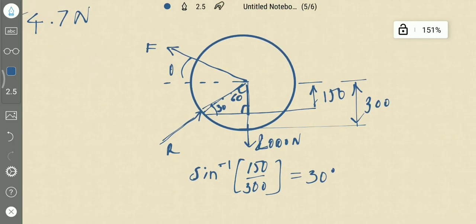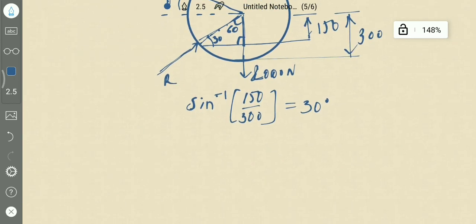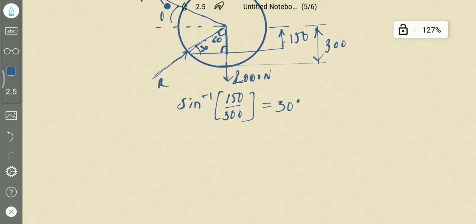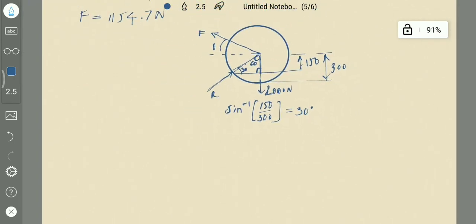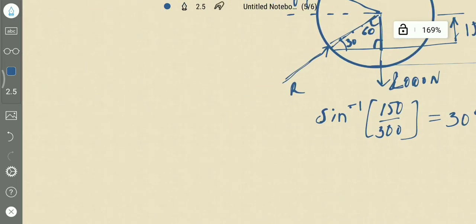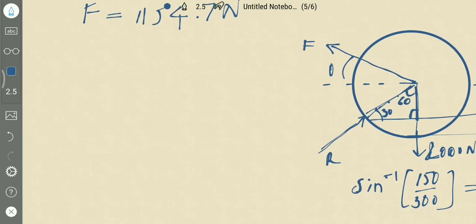So let us find the angle theta now. From the law of equilibrium we know that the sum of the horizontal and vertical components of the forces should be 0.